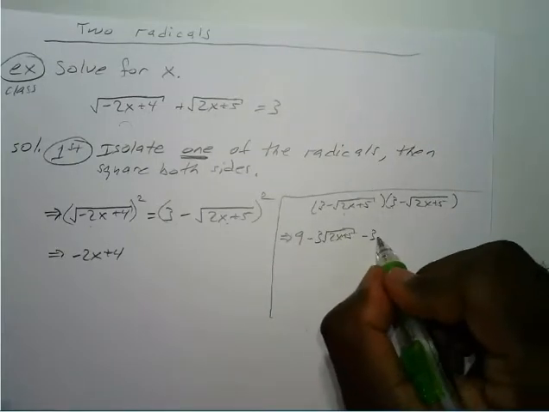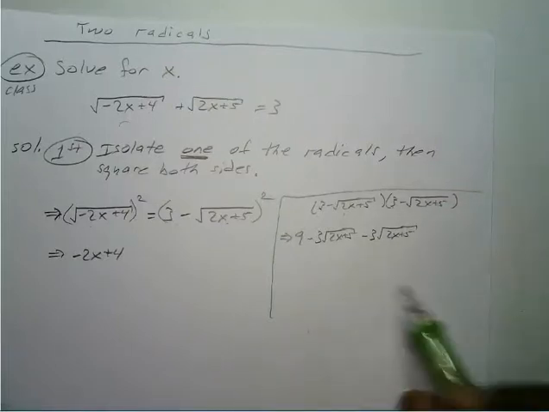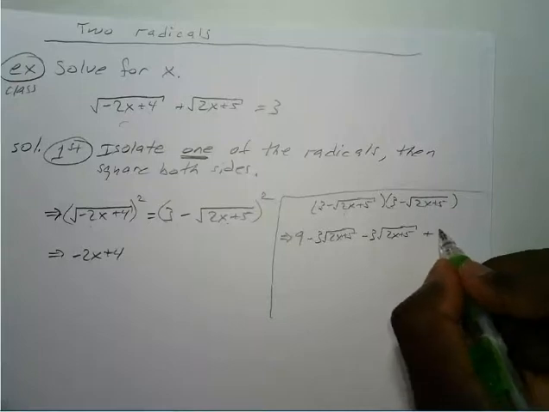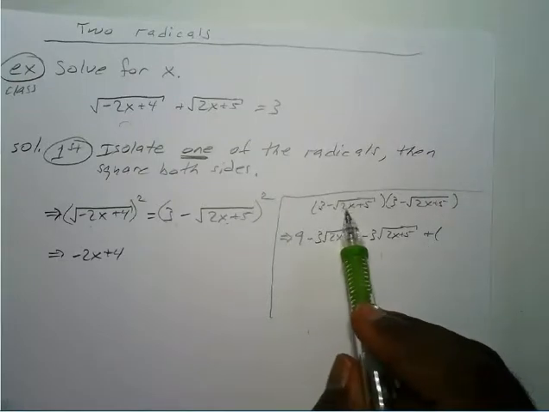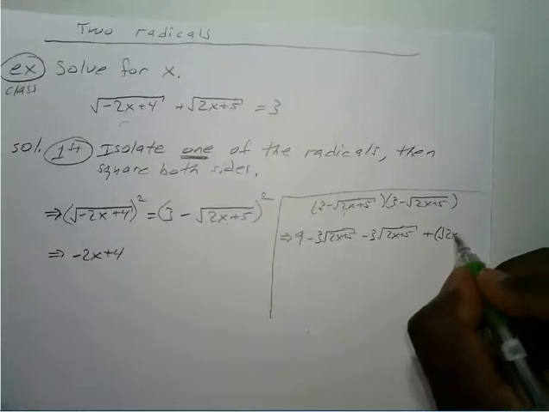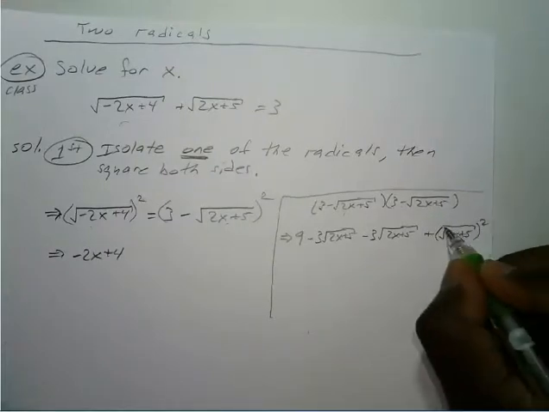Our inner is negative 3 times the square root of 2x plus 5. And our last, we have a negative and negative, so that will end up being a positive, square root of 2x plus 5 squared.